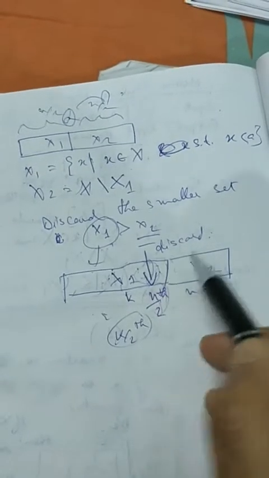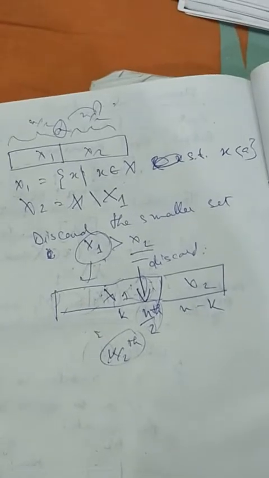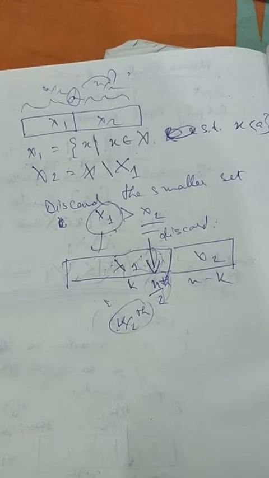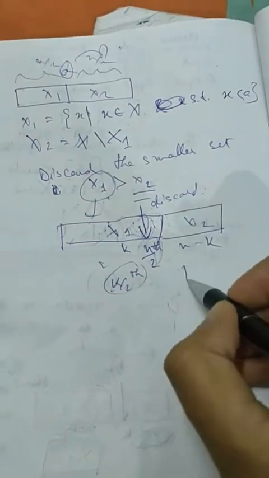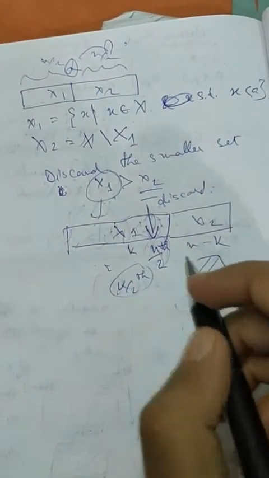So recursively we'll look into where this n by 2th number will go, and the other part of the array we will discard. So at each iteration we are not looking into a part of the array, and so it should be order of n.